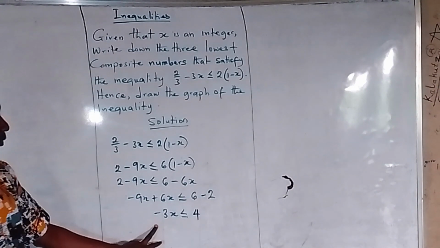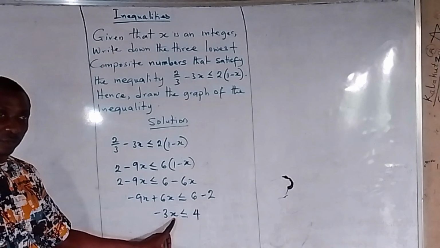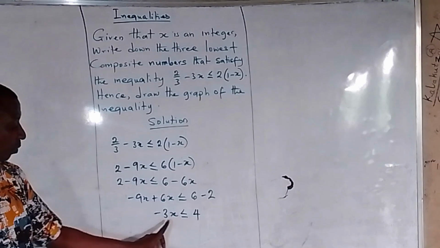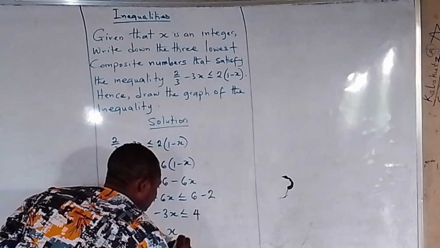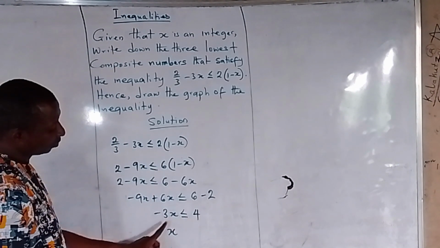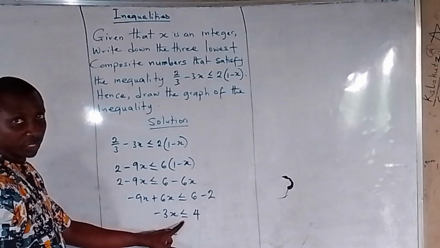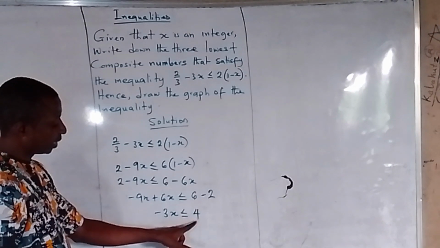And from here, you divide both sides by the coefficient of x, which we are actually looking for. That's minus 3. Divide both sides by minus 3. Now, you can see we are dividing by a negative number. Don't forget, the sign will change whenever we are dividing both sides of an inequality by a negative number.